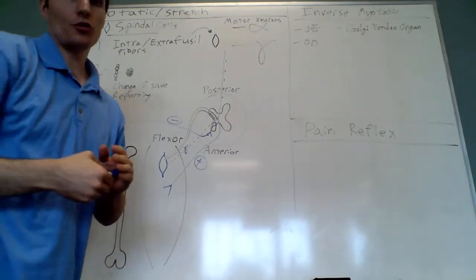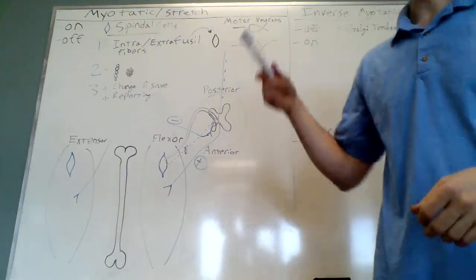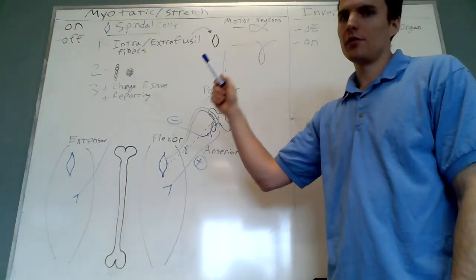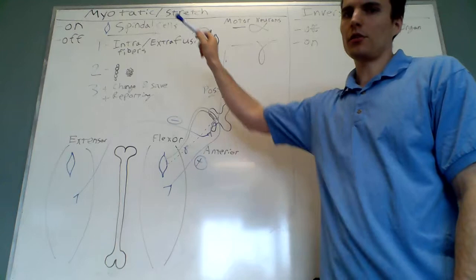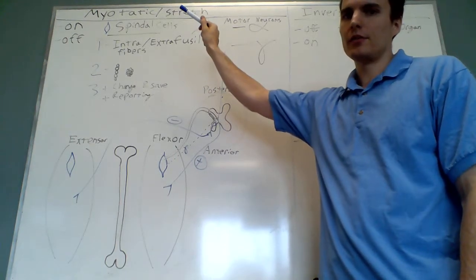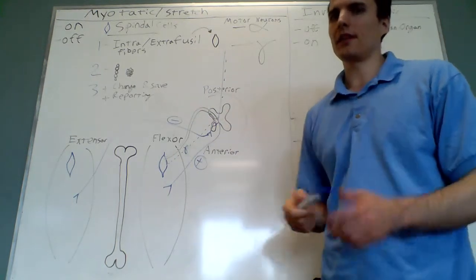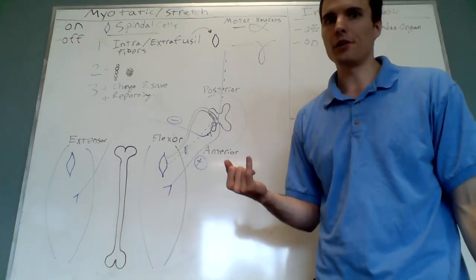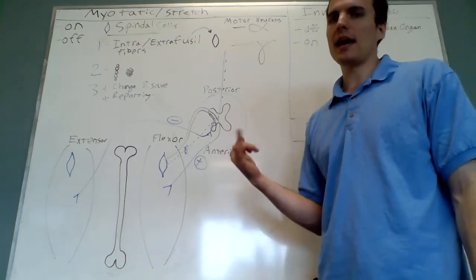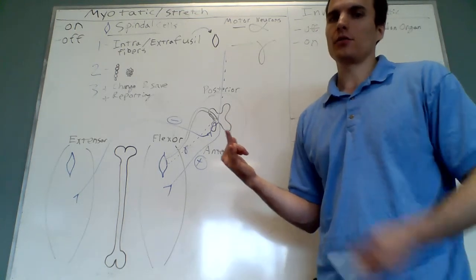All right. So now we've covered what turns on, what turns off, and the motor neurons. We've also covered the spindle cells and the three things that you want to know about them. Intra and extrafusal, why are they called that? We covered that. Chain and bag cells, we covered that. So cell types.